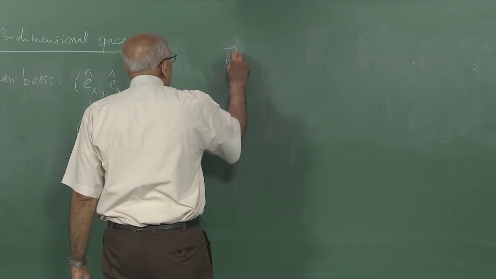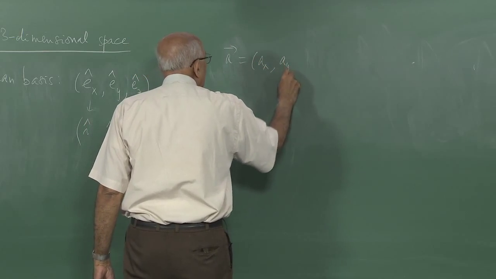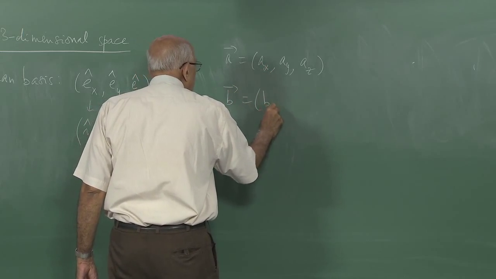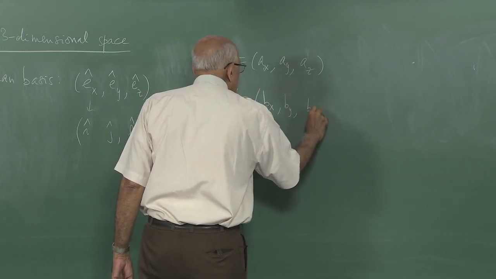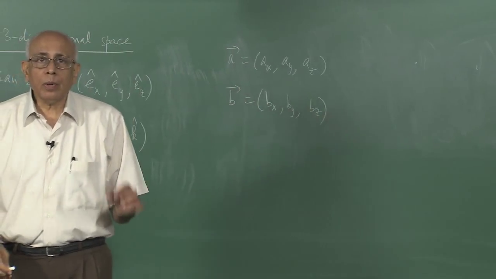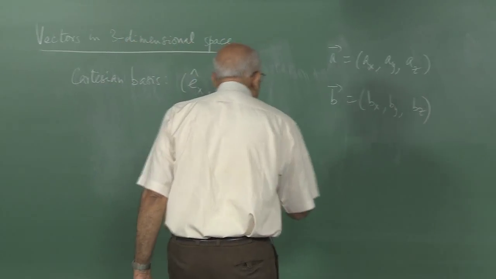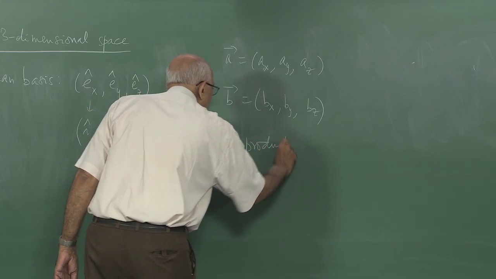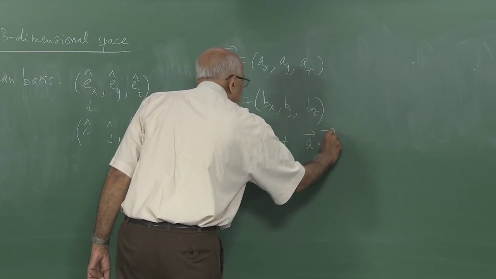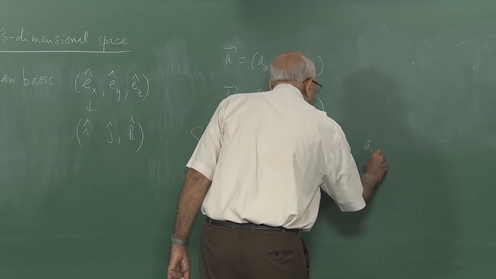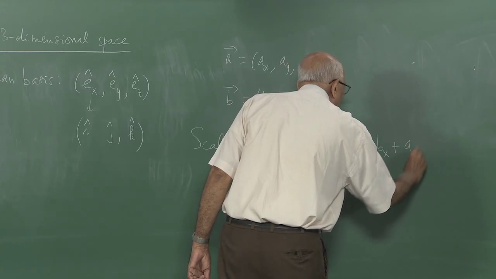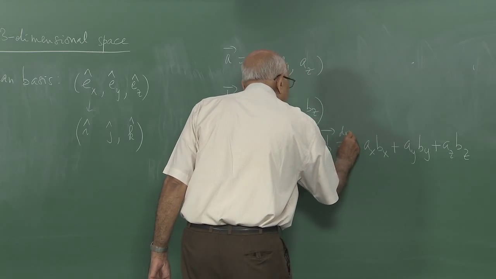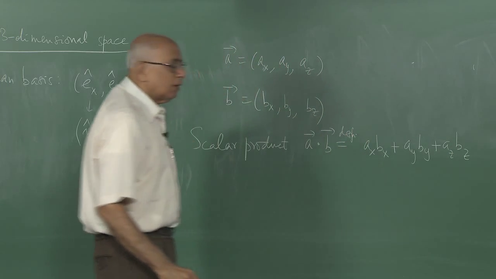So if you have a vector A which has got components Ax, Ay, Az, and a vector B which has components Bx, By and Bz, then the so called dot product or scalar product of A and B, written as A dot B, is by definition equal to Ax Bx plus Ay By plus Az Bz, and this is the definition. It is defined in this fashion.